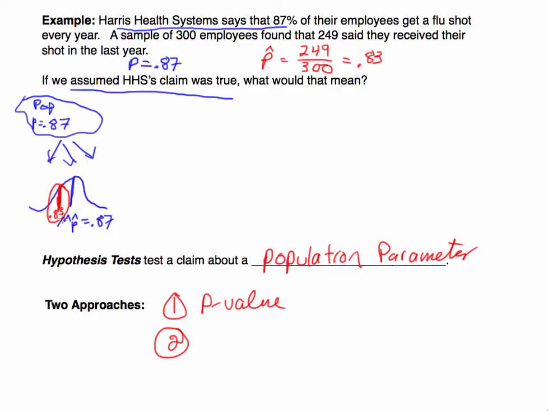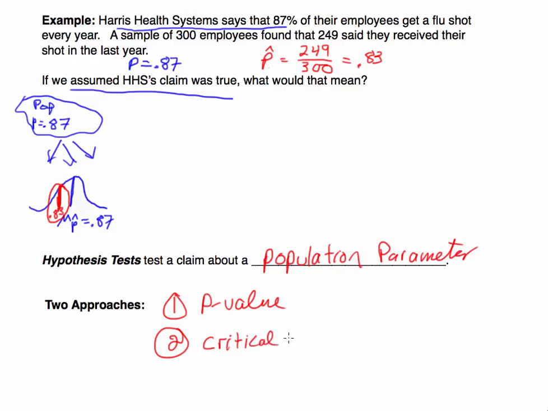If it's, let's say, 0.01 or a 1% chance, then we would most likely say this is unlikely to be the true population proportion. So that approach is physically calculating the p-value, and the other is called the critical value.